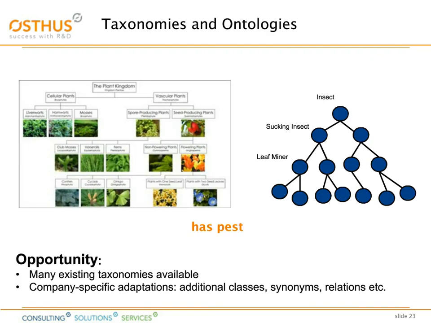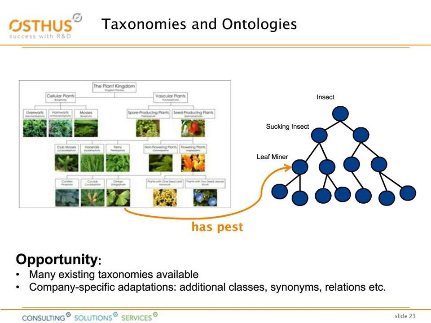And just to give you an example, you might have a taxonomy on plants and a taxonomy on insects or on organisms, and there are many of these taxonomies freely available, and the opportunity here is to reuse the existing taxonomies and knowledge models and augment them with your internal knowledge.